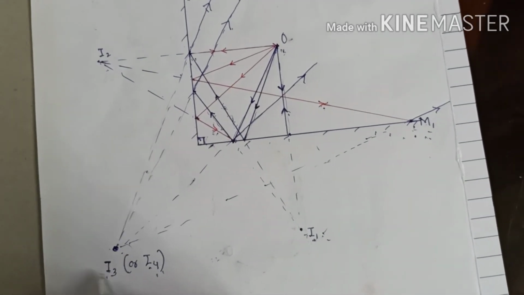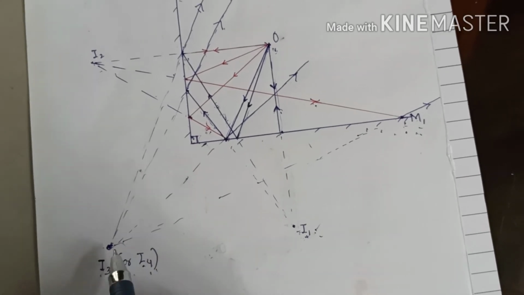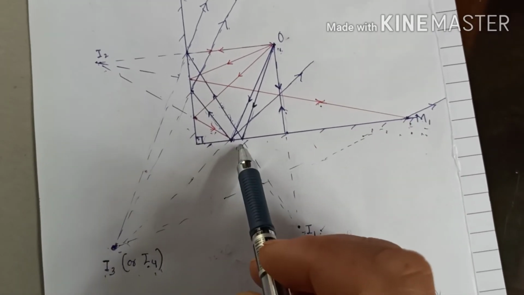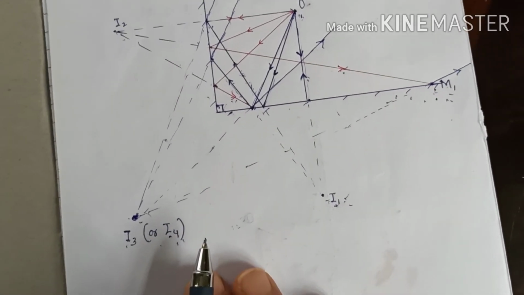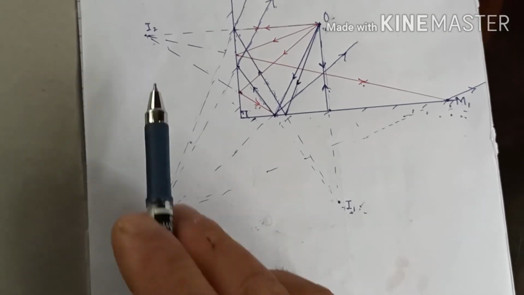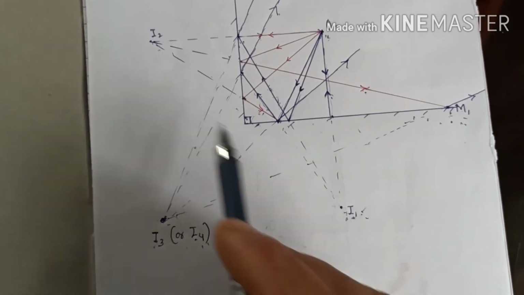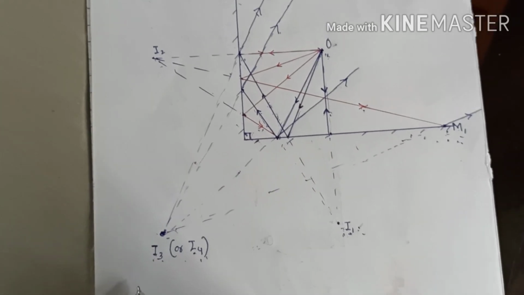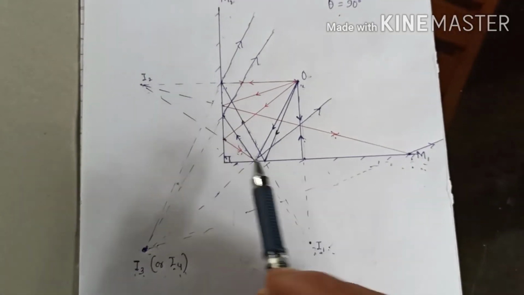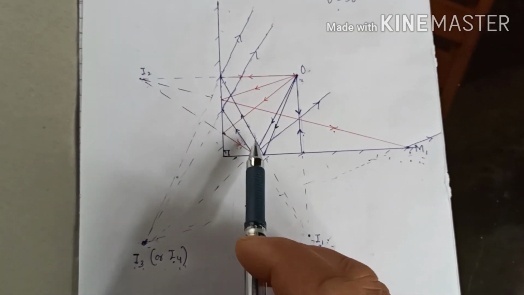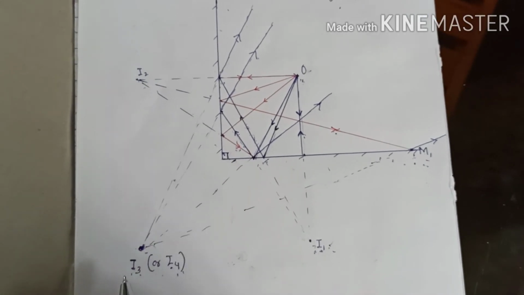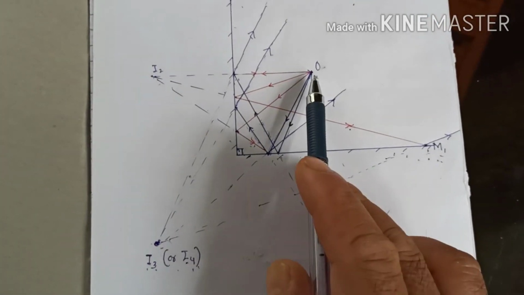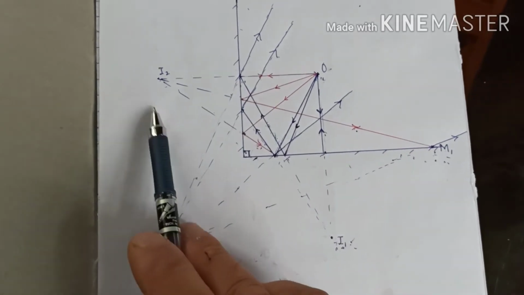But I3 or I4, which coincide at the same point, are lying behind the mirrors, so further images cannot be formed. So you can clearly see altogether how many images are formed: I1, I2 and I3. 3 images are formed in this case. That means when the two mirrors are placed perpendicular to each other, then an object placed in front of the mirrors will have 3 images.